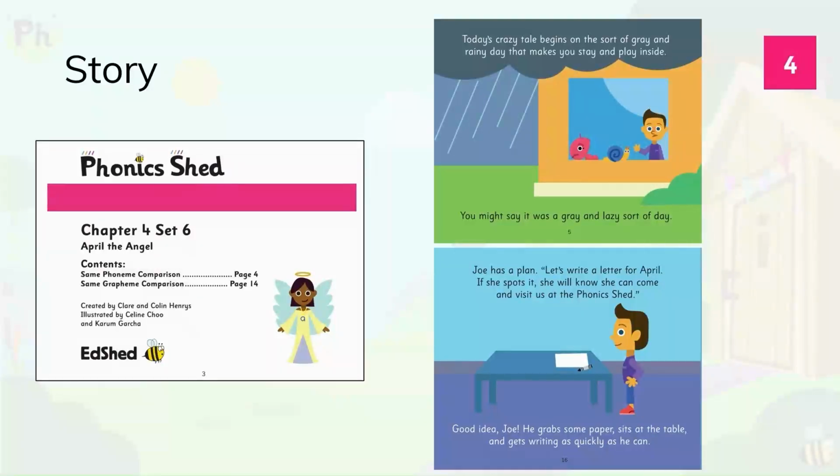Instead, we've leaned more towards the narrative nature of the program and added additional story content. As the chapter progresses, the teaching books are longer and more focus is on comparing the same phoneme and graphemes for the target character.